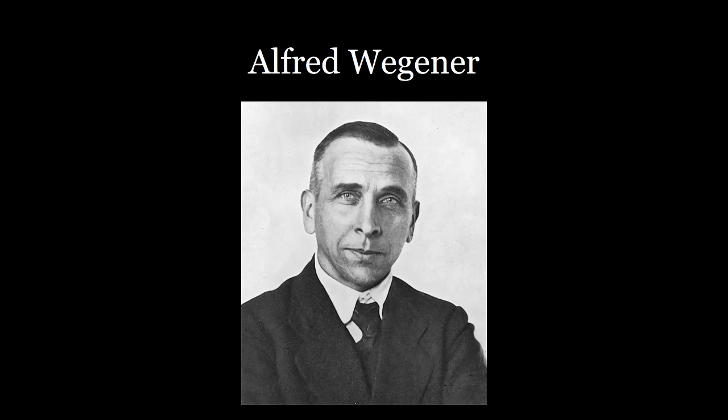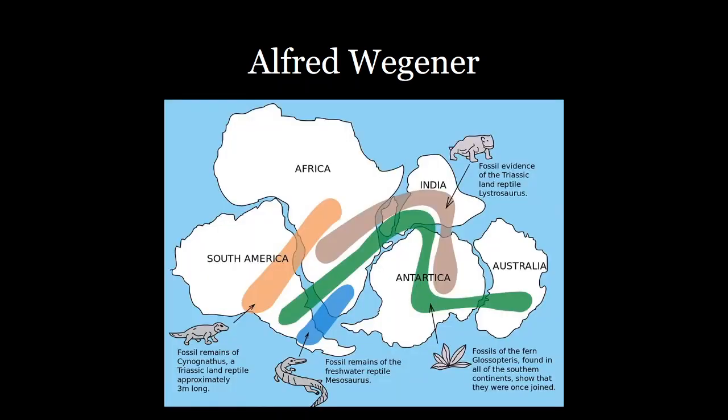You may have heard of the Alfred Wegener Institute in Germany. He became a very famous scientist. And so he noticed that fossils that he found from South America looked very similar to fossils that were being found in Africa.